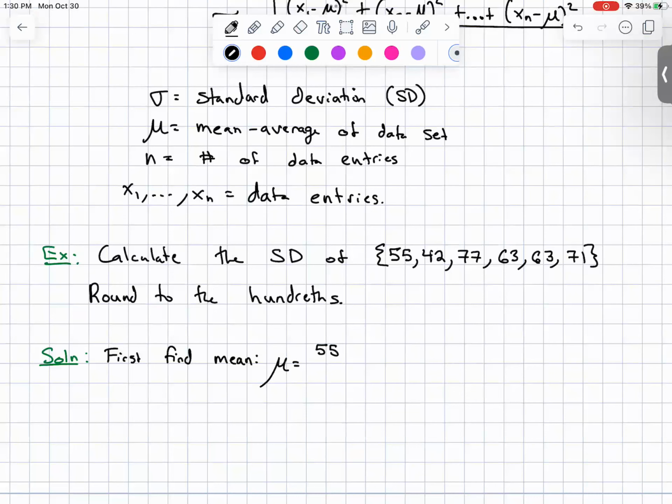So 55 plus 42 plus 77 plus 63 plus 63 plus 71, all divided by 6, because there's 6 data entries. So that's going to be 61.83 when you plug it into your calculator. You find the mean of the data set because that's how you make the standard deviation.